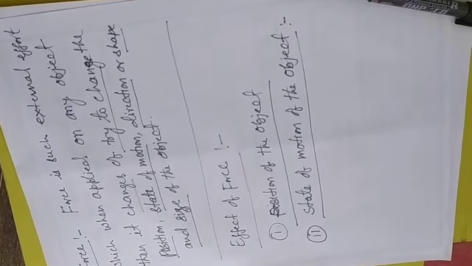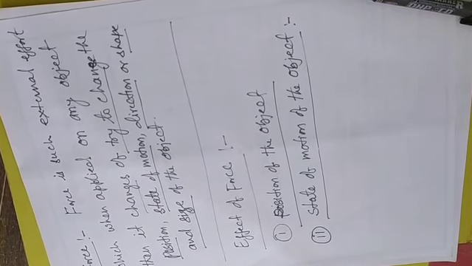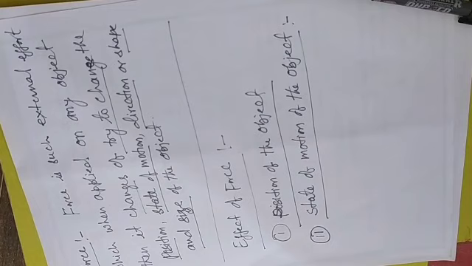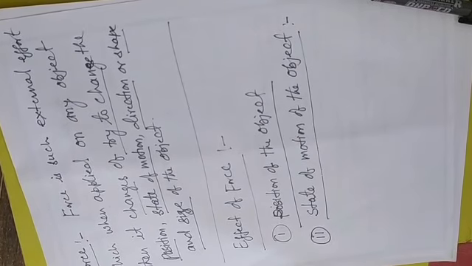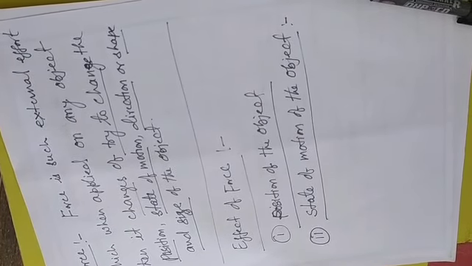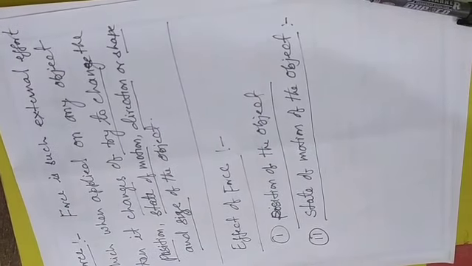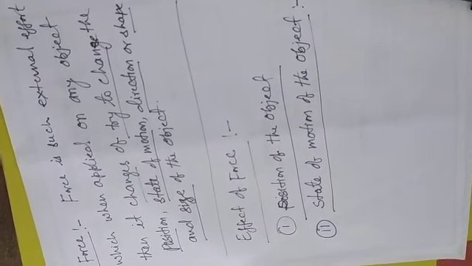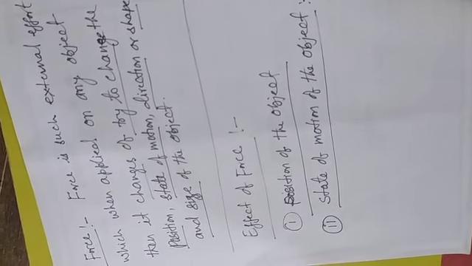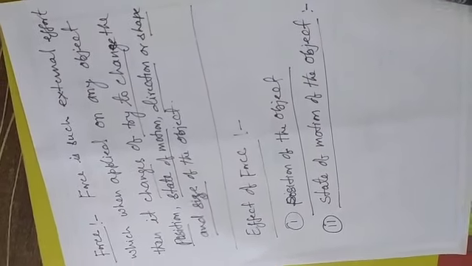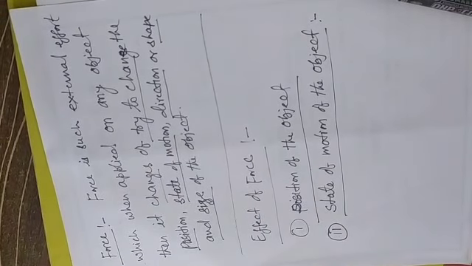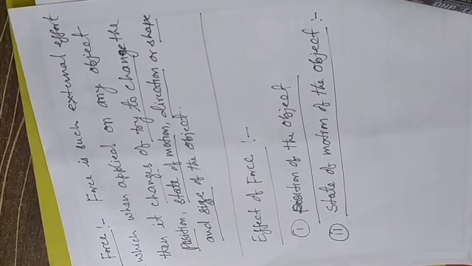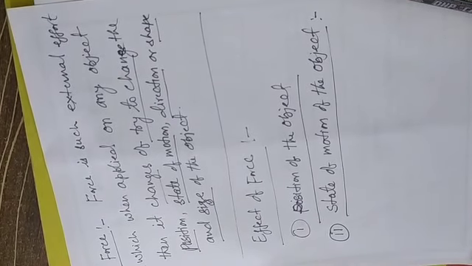In the second case, if the object is moving, it means it is in the state of motion, then by the application of force on the object from the opposite direction, you can slow down the motion of the object or finally stop the object. It depends upon the force applied by you.